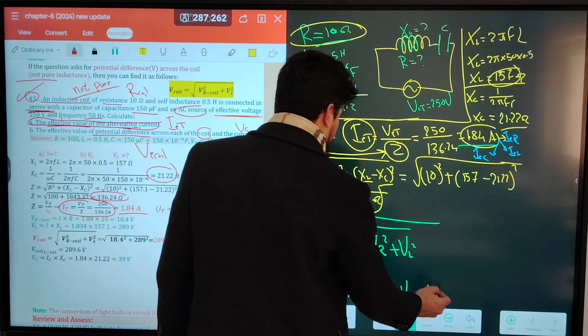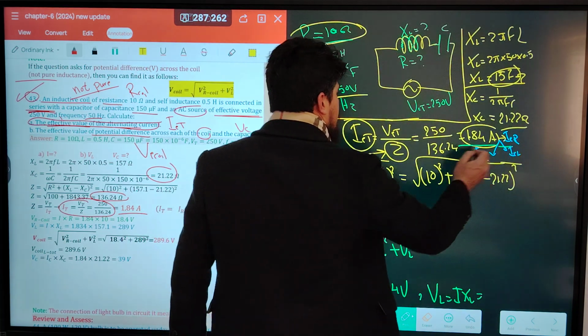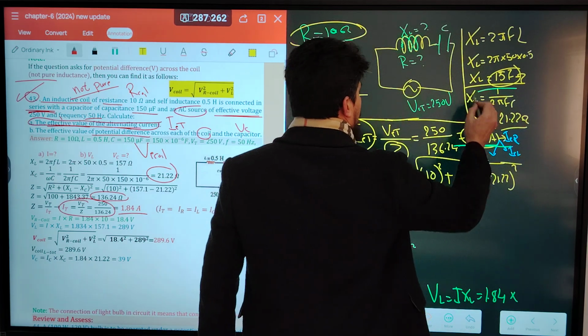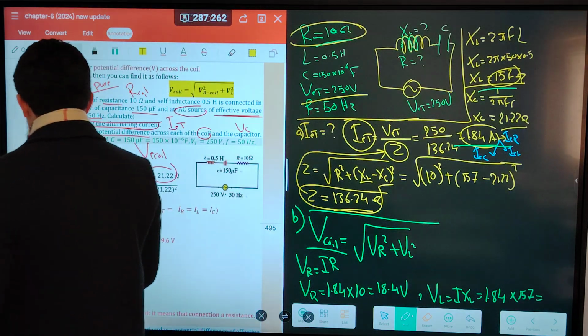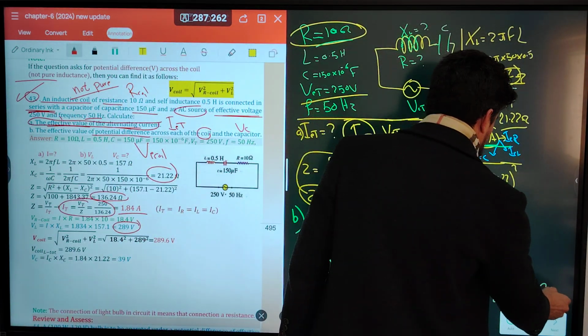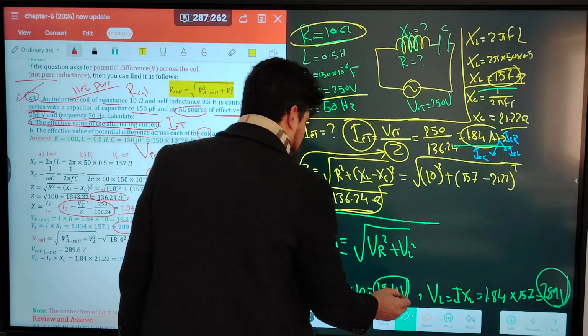How about VL? VL is equal to I XL. I is still 1.84, XL is 157. VL is equal to 289. This is VL and this is VR.